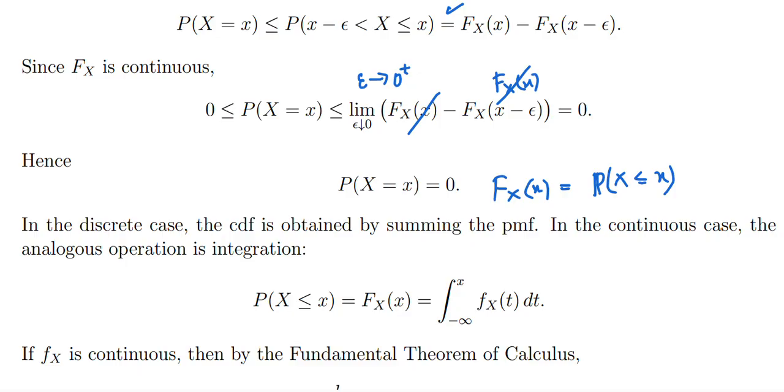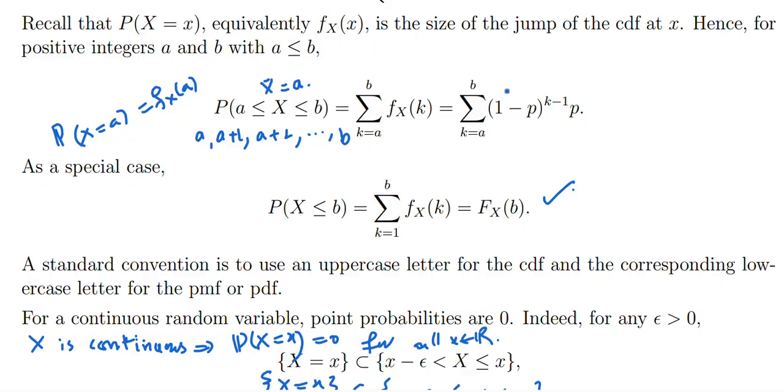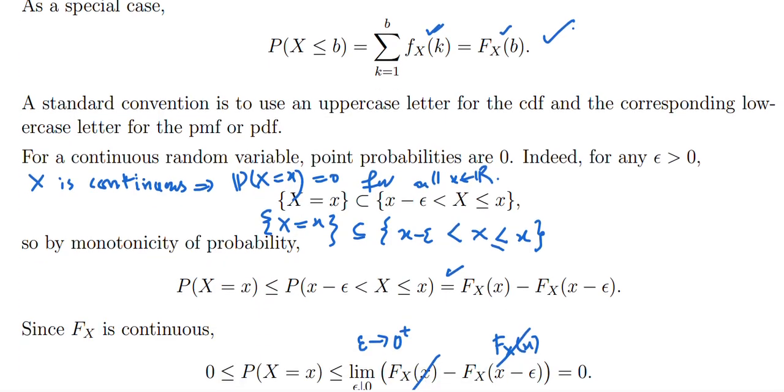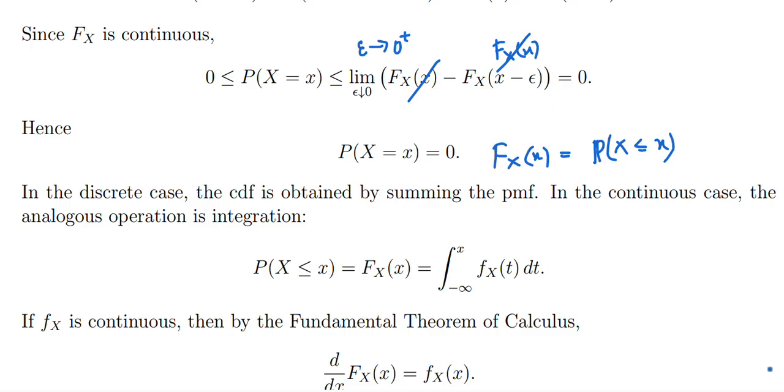In the previous case, we saw that if you sum the PMFs, you get what? The CDF. So similarly, we should have that in the continuous case, the analogous operation is the integration.